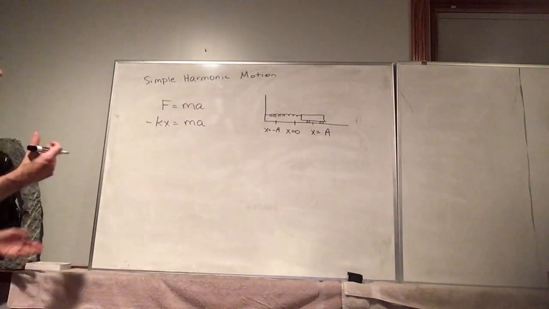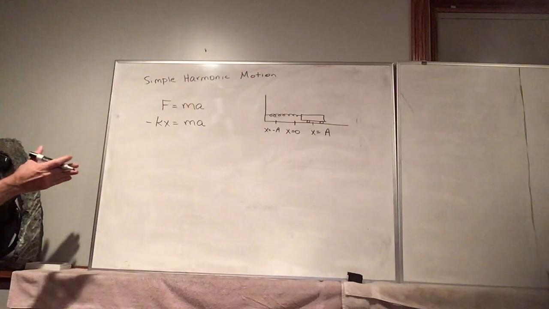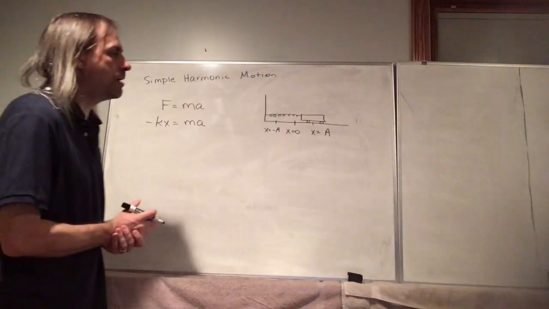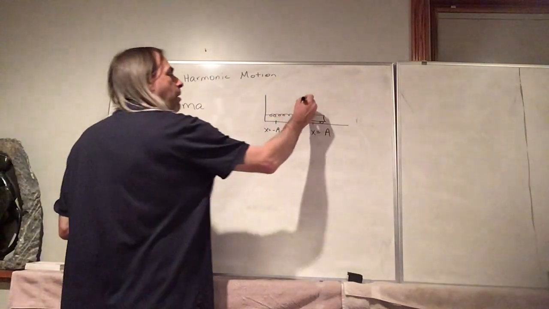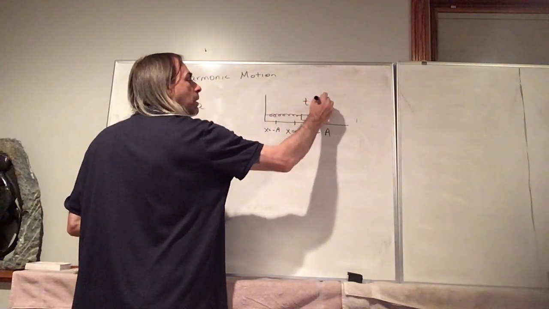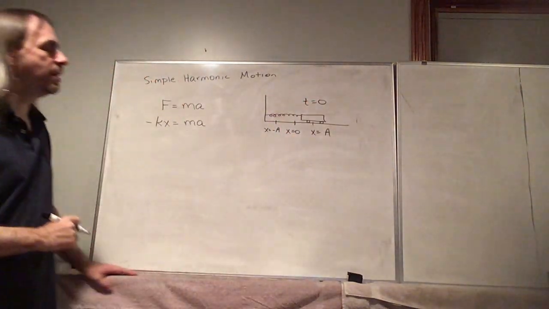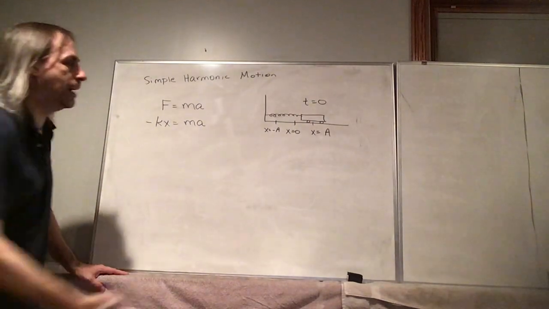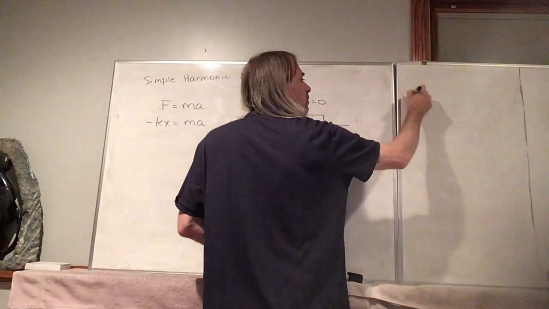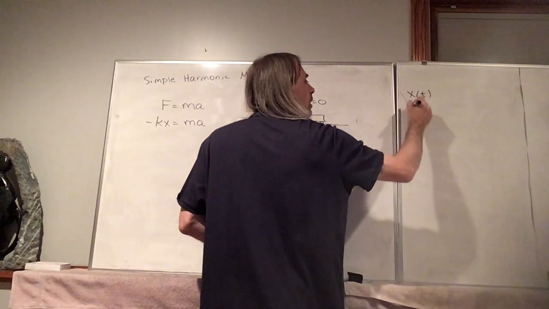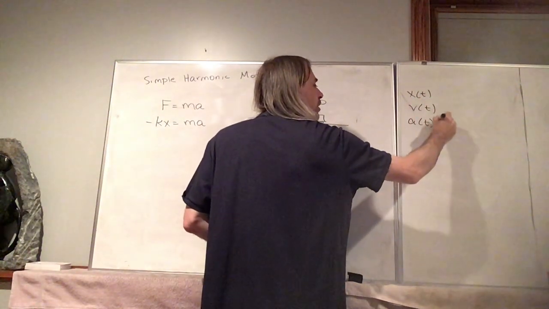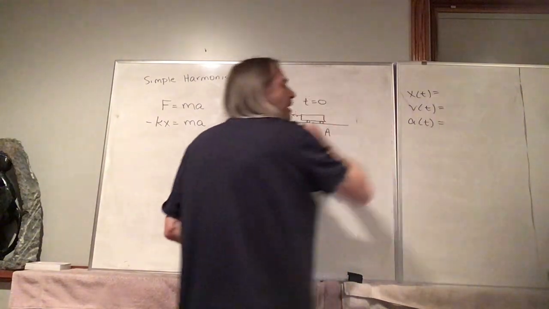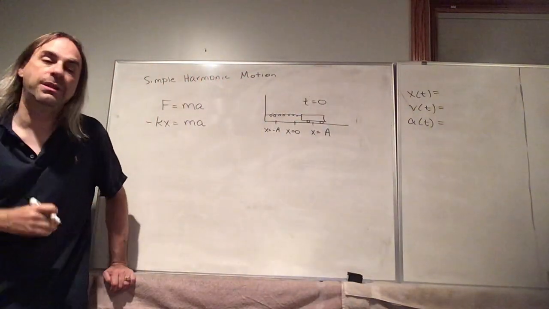Okay, so our goal is to be able to describe things like, if we release it here at t equals 0, what is the position of the cart as a function of time? Say we want to know position, velocity, and acceleration, all as functions of time.